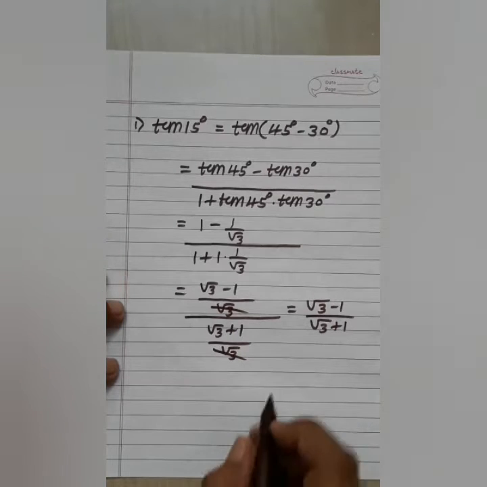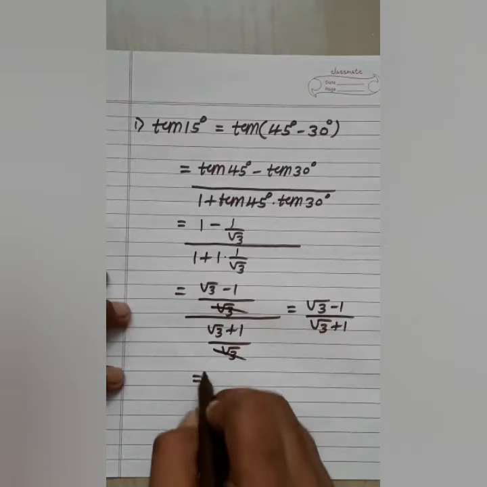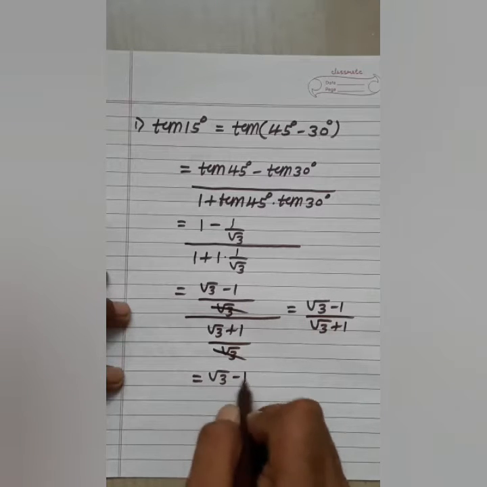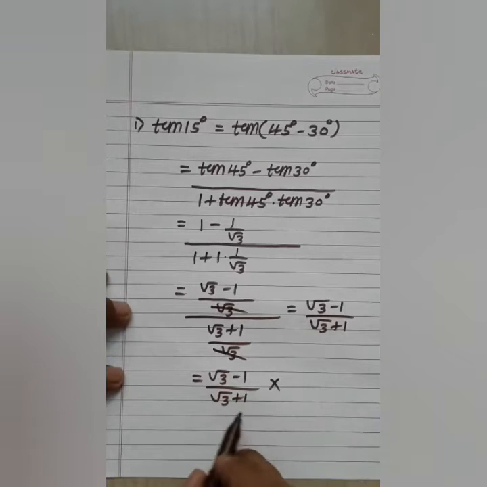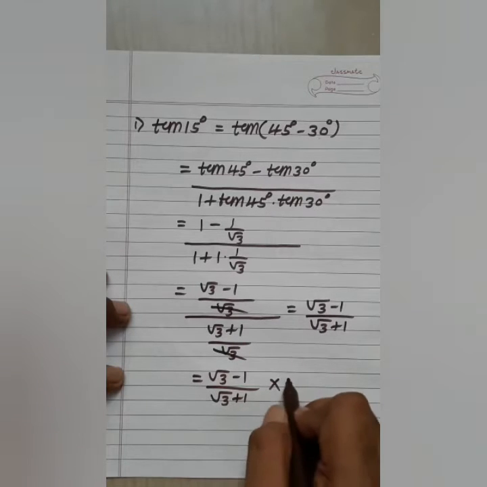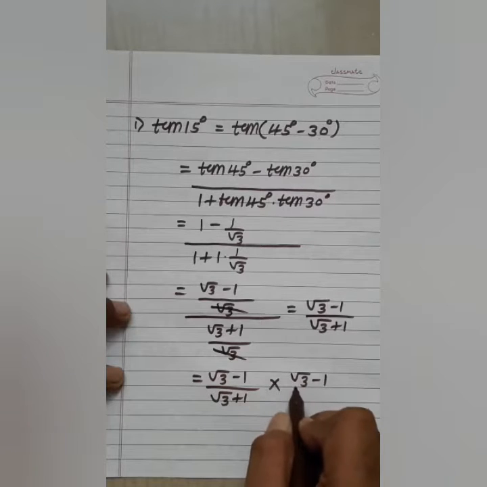Now multiply by the conjugate of the denominator term, so under root 3 minus 1 upon under root 3 minus 1.